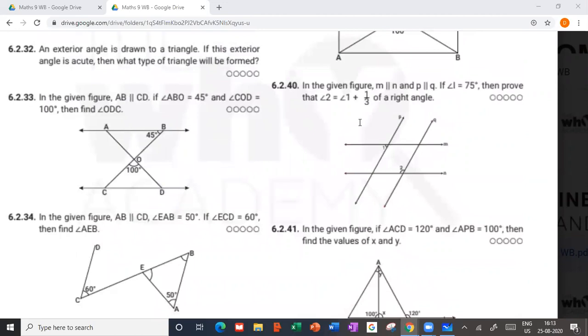Try this one then, the 40th one. That's also a little tricky. They haven't given you what is L. They have given 2 and 1, but what is L? Let me try to search.